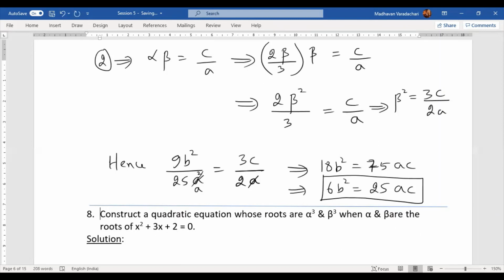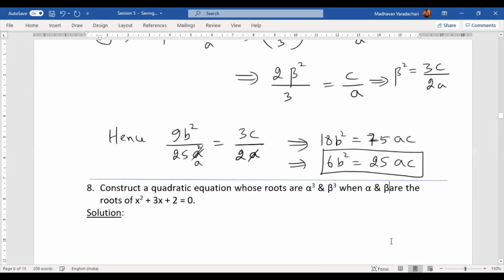The next question is, construct a quadratic equation whose roots are alpha cube and beta cube, where alpha and beta are the roots of x square plus 3x plus 2 equal to 0. Primarily, they gave us alpha and beta as the roots of this equation.